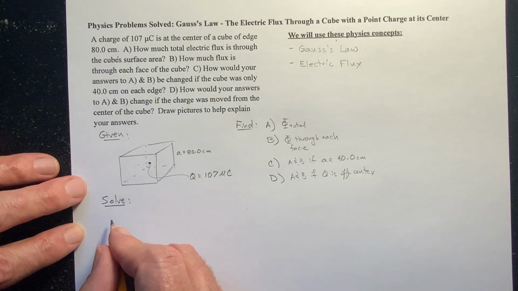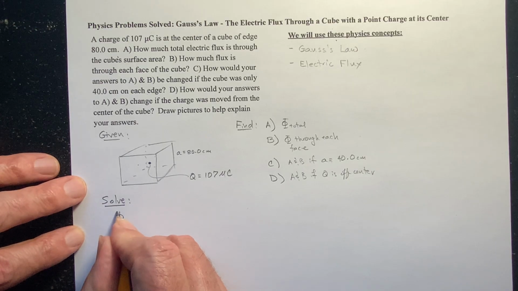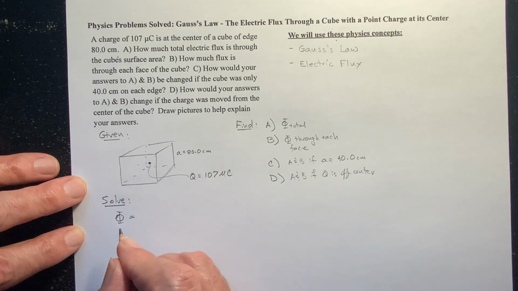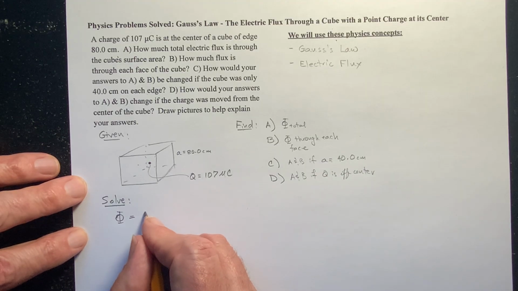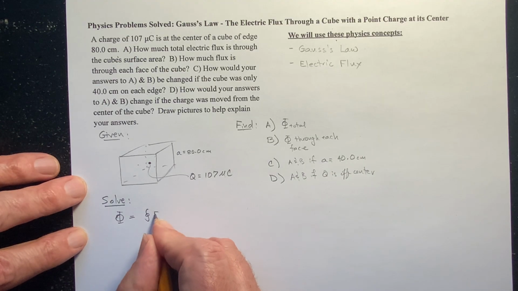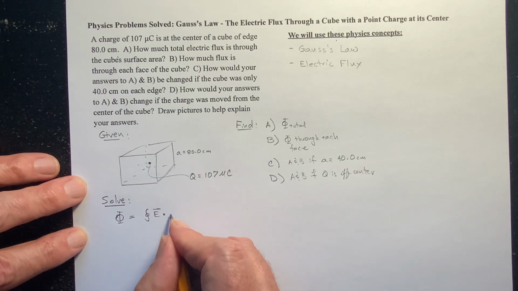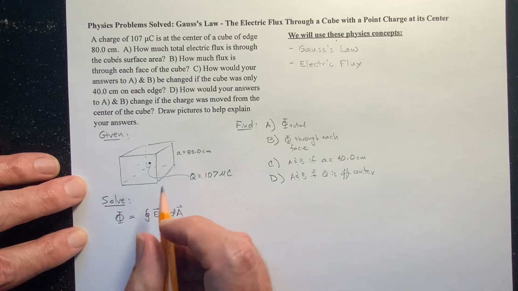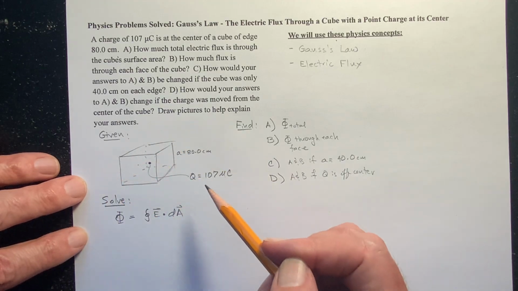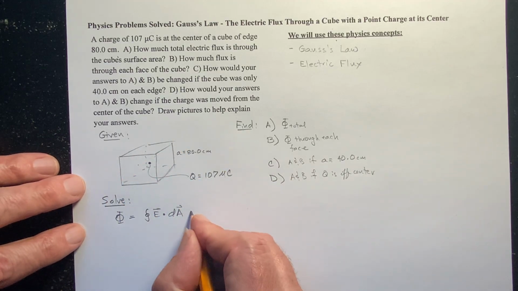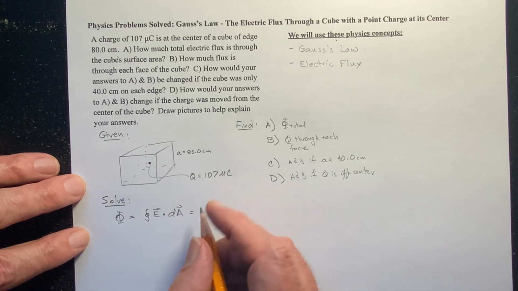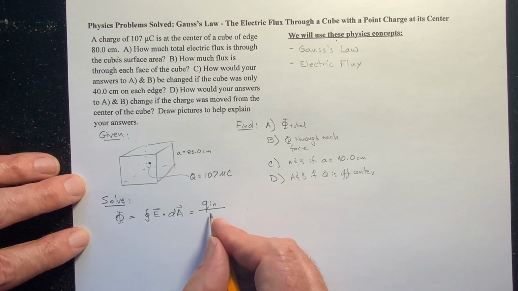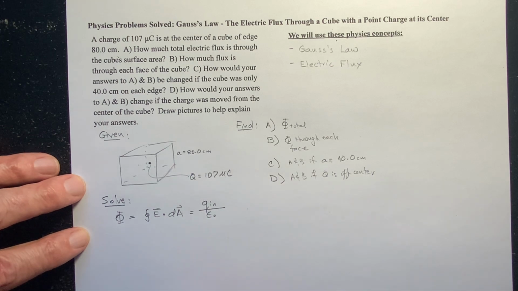Well, here's Gauss's law in its most elaborate form. The total amount of flux is equal to the electric field dotted with the area vectors, and then this little circle here means it's a closed surface, and a cube is a closed surface. And this is going to be equal to the charge inside our surface divided by epsilon naught.